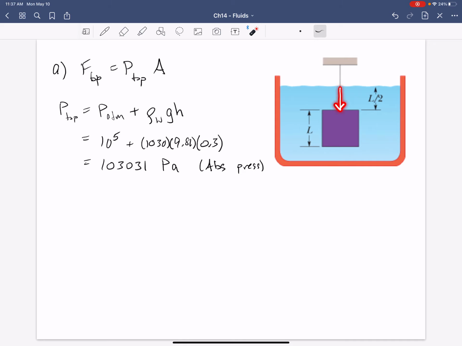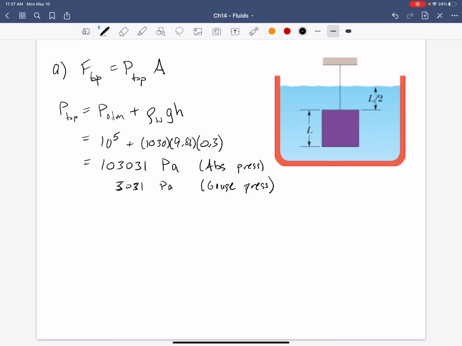That's the pressure here, as measured from the atmosphere. Anyway, we're using the absolute pressure for this problem.